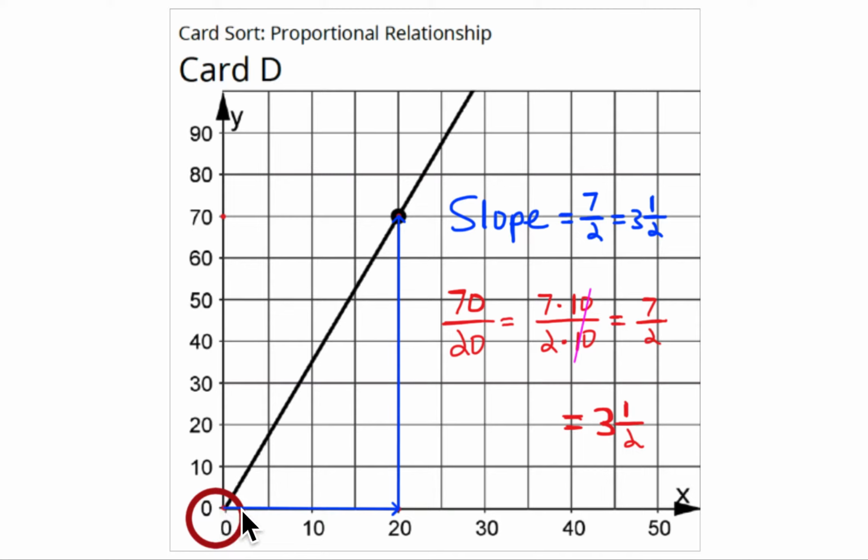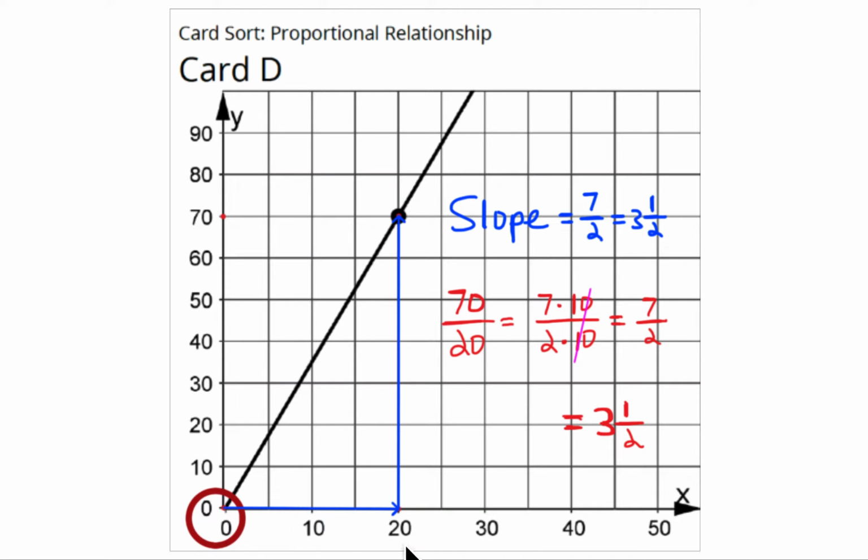The value along the y-axis is 20 units. 70 over 20 simplifies to 7 halves. So it's 7 halves of the value along the x-axis. That's 3.5 times as many units along the y-axis compared to the number of units along the x-axis.